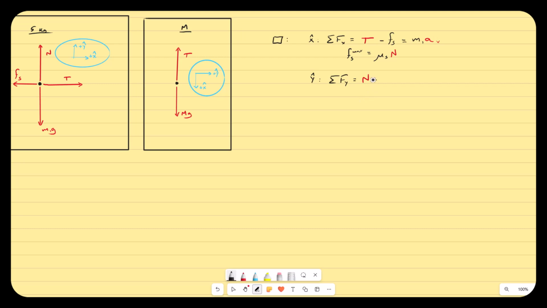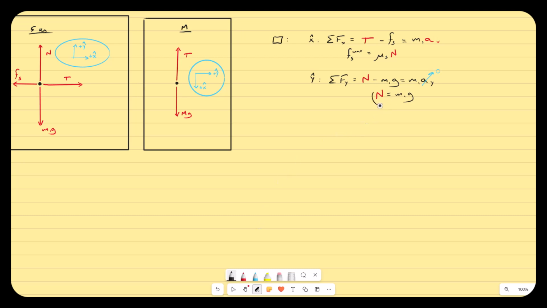I have m1g going down equals m1 times ay. Acceleration in the y direction had better be 0. If it's positive, then I'm levitating off of my table. If it's negative, I'm sinking into my table. I need that to be 0. So when I solve, my normal force is equal to m1g.